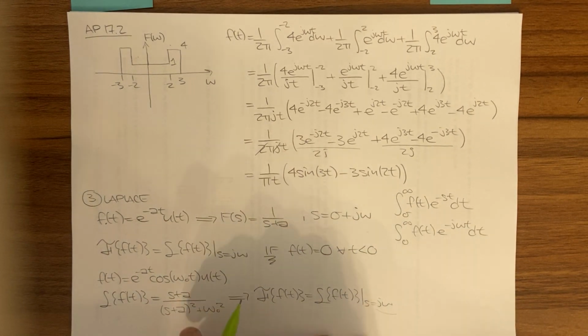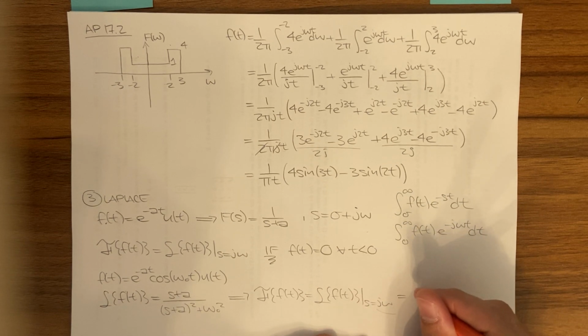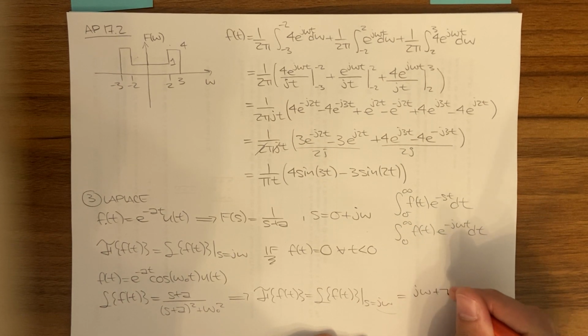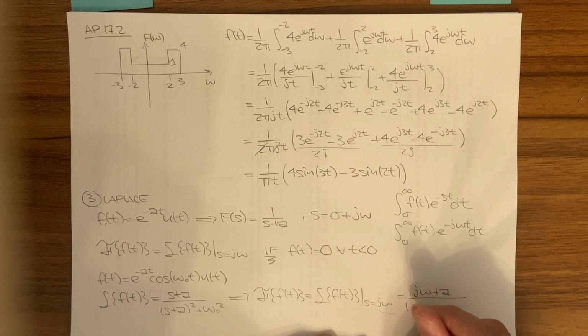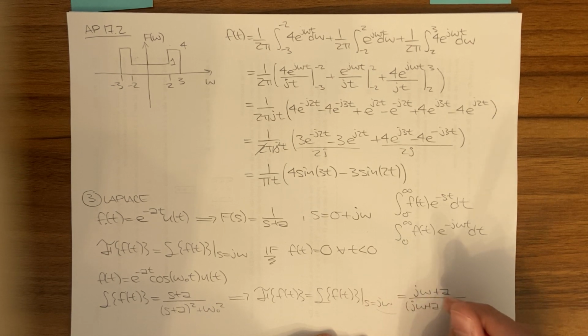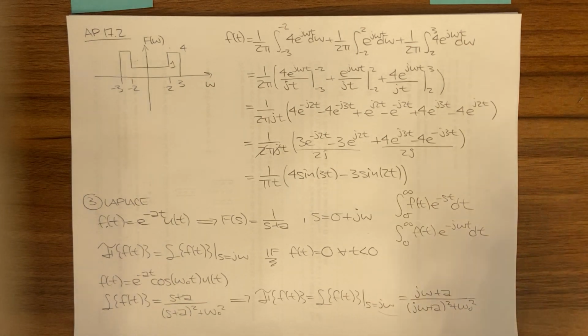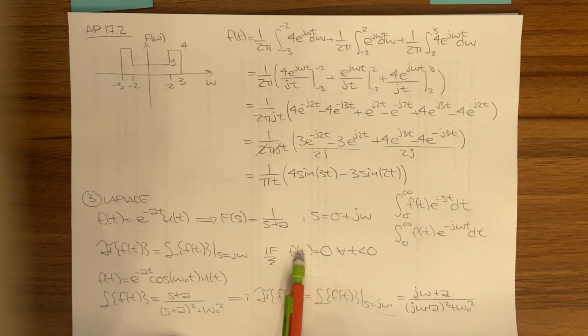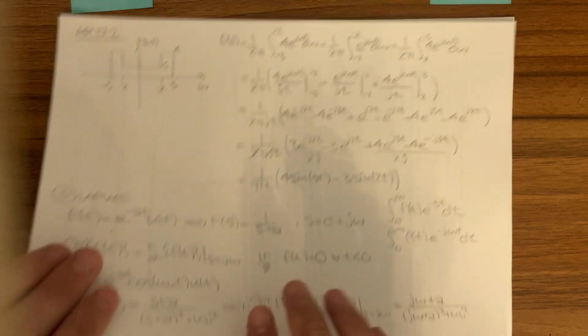So essentially, I just take the Laplace transform and replace every s with j omega. And that's it. Okay, so that's pretty awesome because it just made our lives so much easier. Now, granted, you could simplify this quite a bit if you wanted to. Okay, but like I said, this is only good if f of t is 0 where t is less than 0.